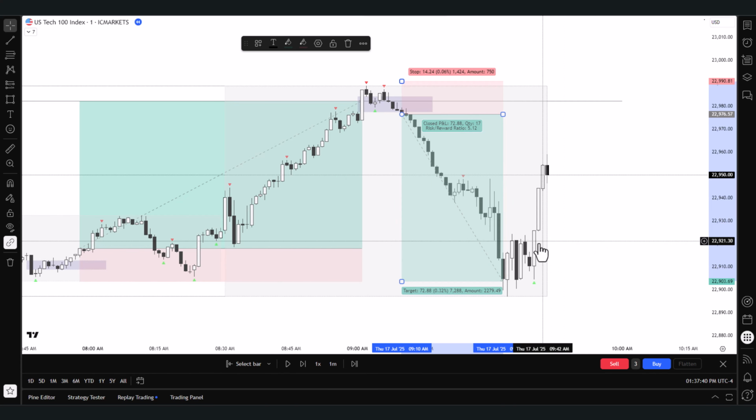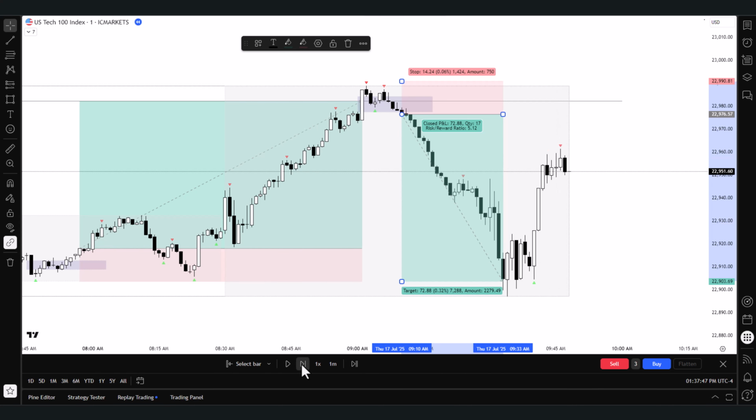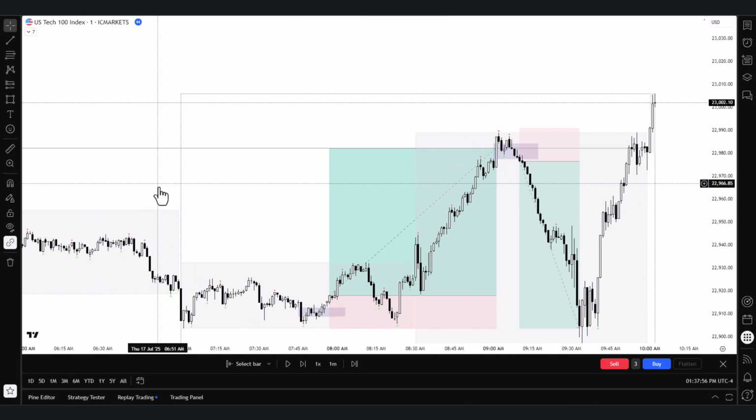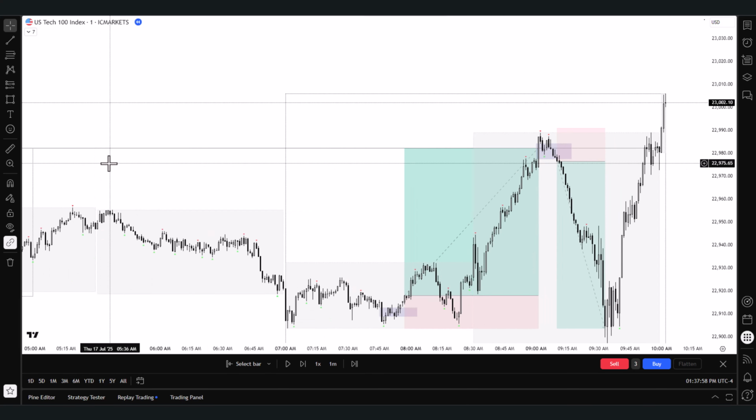That means our bias becomes buy again. So let's see if there is an entry. No, we haven't found an entry, but we have swept London's high again.